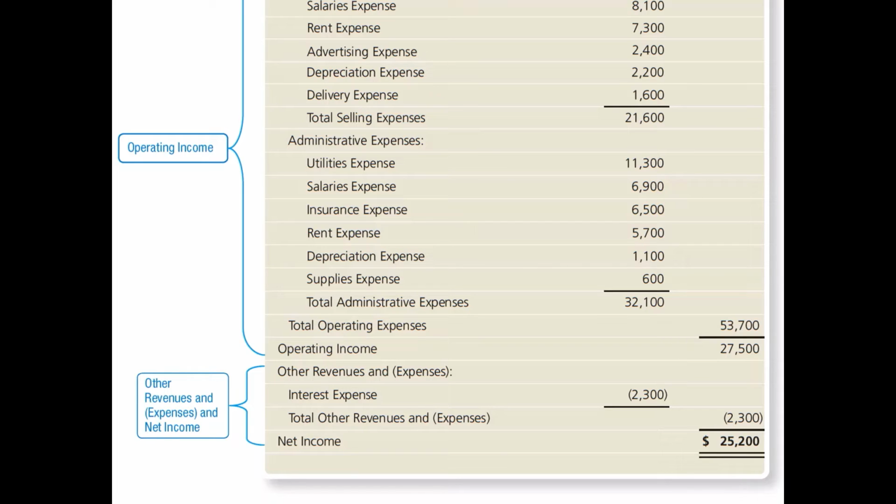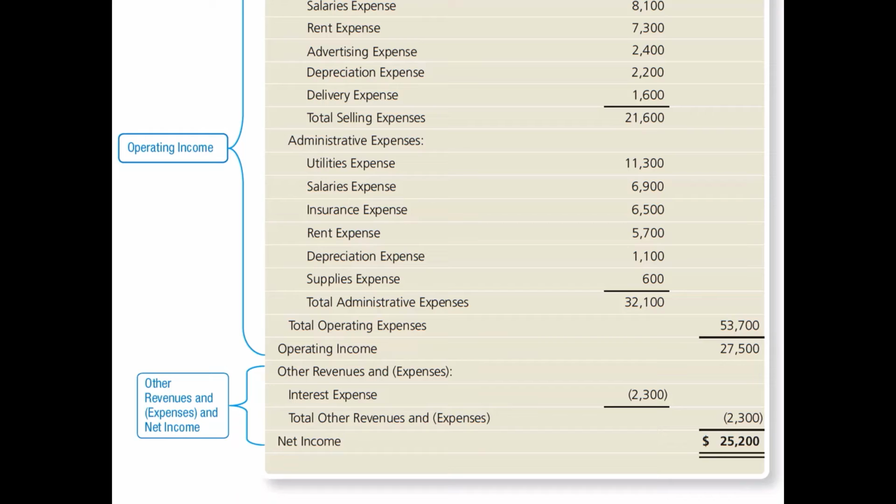The reason that interest expense is shown here in other revenue and expenses rather than in administrative is because it helps to identify this as an expense that's above and beyond operating. If we did not take out a loan, we wouldn't have interest expenses. It's an additional expense of doing business, not really operating. So we have our interest expense listed separately from all the other expenses.